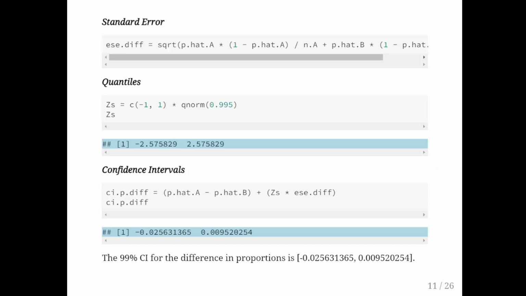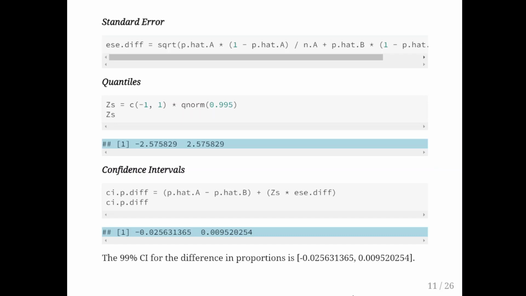So essentially what we're going to do now is piece this all together. The general structure of a confidence interval is the point estimate, here the difference between the two P hats, P hat A minus P hat B, plus Zs times the standard error, ese.df. So when we piece it all together, it's point estimate plus or minus quantile times standard error.